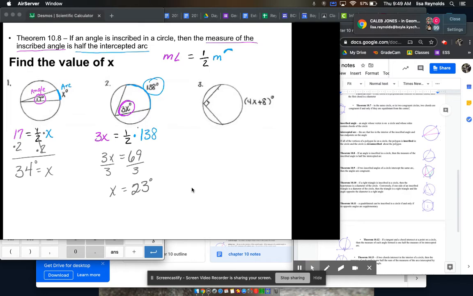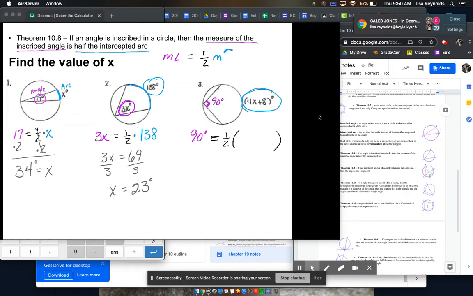Be careful, the next one has an algebra expression for one of our measurements, so pay attention to what is what. So our angle measure is the box. Remember, that's 90 degrees. And this is equal to half of our arc measure, which this time the arc measure itself is an entire expression.